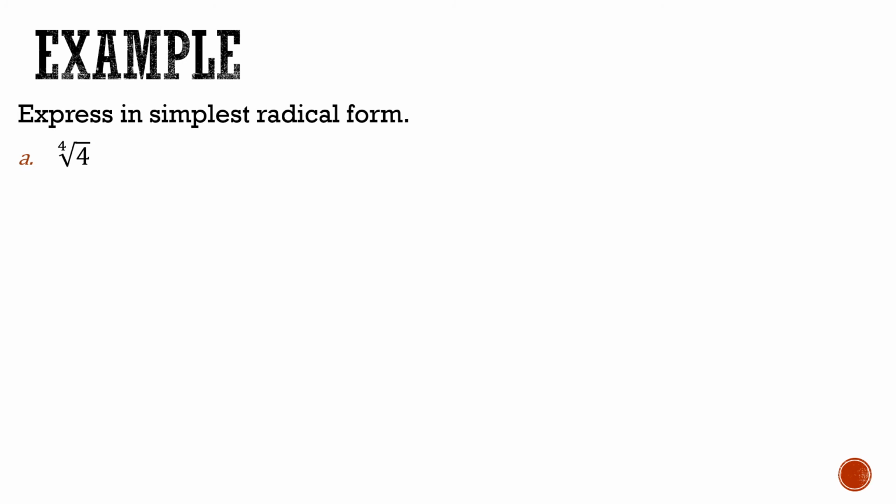Remember that the nth root of x raised to m is equal to x raised to m over n. So I can rewrite this as 4 raised to 1/4. After that, since 4 is a perfect square number, we can rewrite this in exponential form. So rewriting 4 in exponential form will give us 2 squared. And then we raise this again by 1/4.